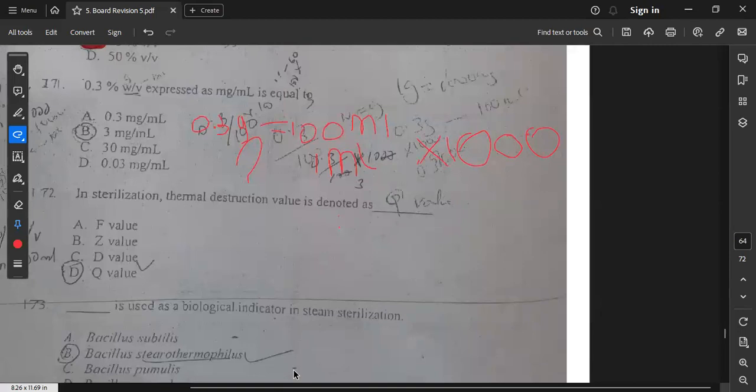Okay. So in sterilization, thermal destruction value is denoted as F value, Z value, D value, or Q value.